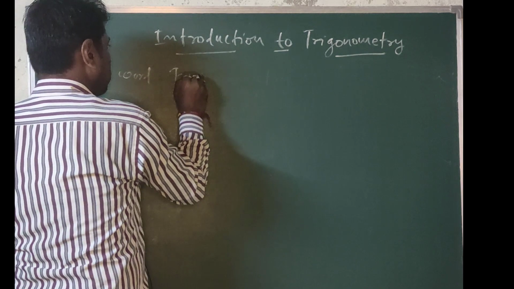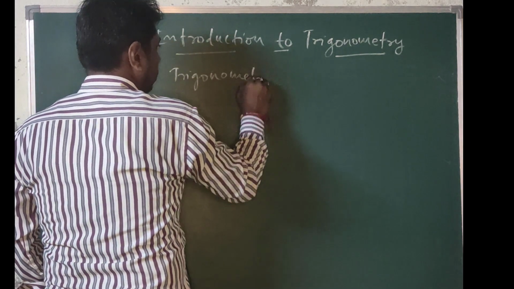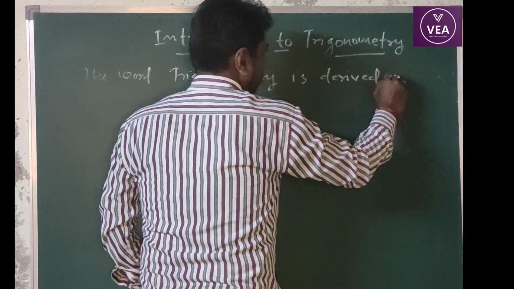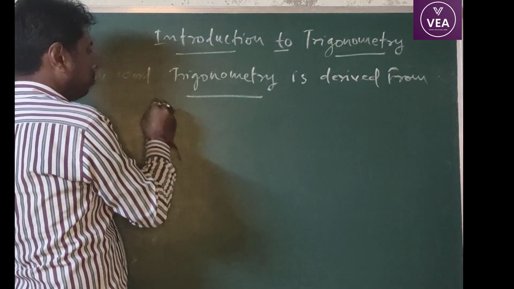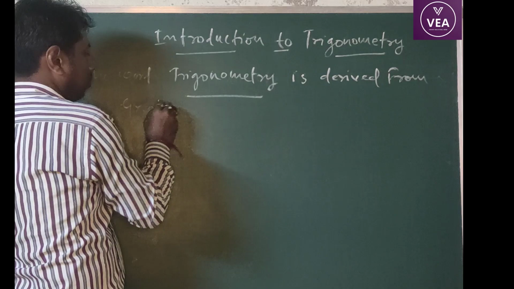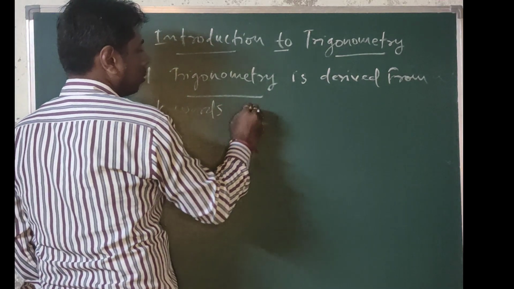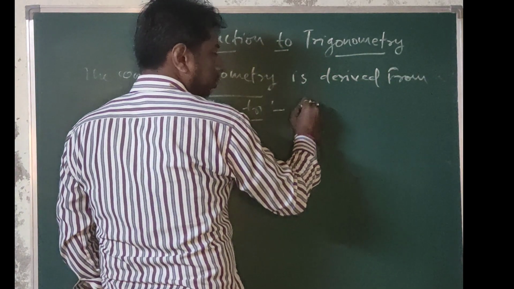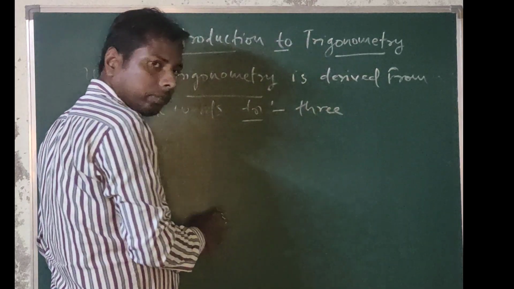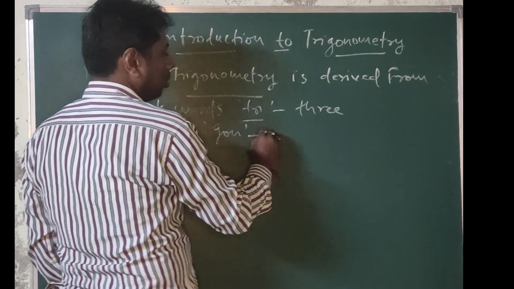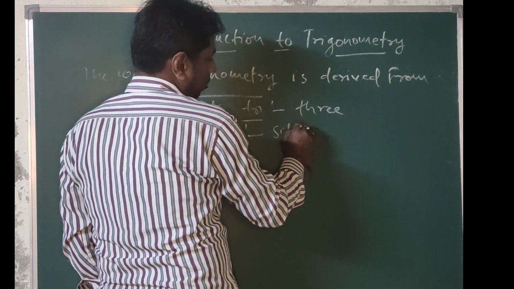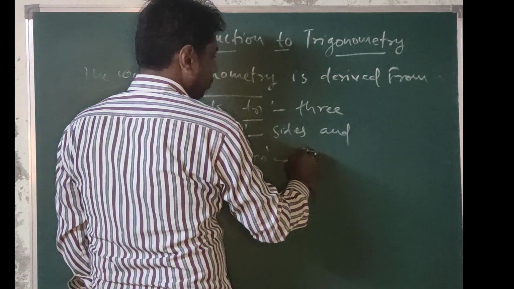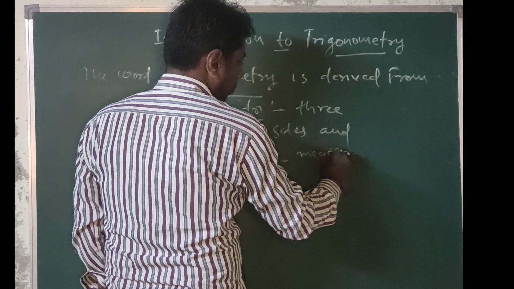The word trigonometry is derived from Greek words: tri, which means 3, gon, which means sides, and metron, which means measure.